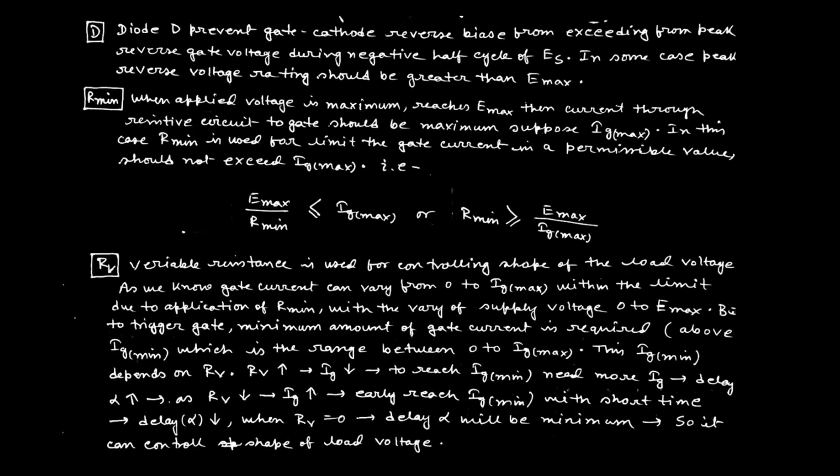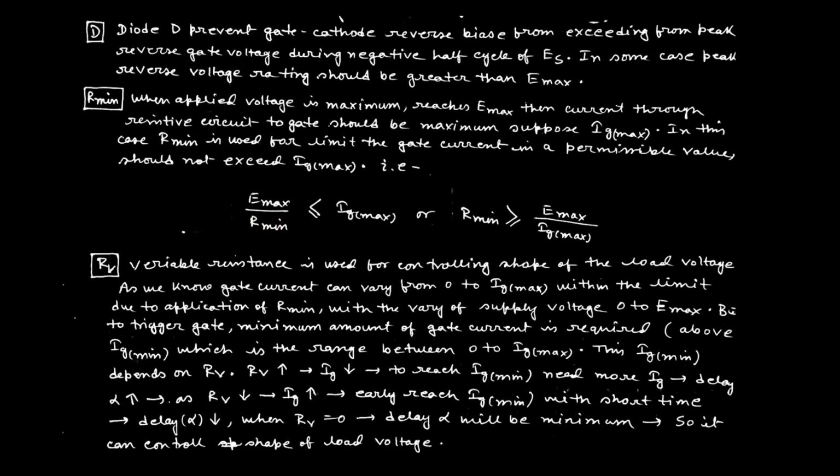That is why, to protect the thyristor from overheating, we normally use Rmin, which prevents excessive current from flowing across the gate. It permits the permissible amount of gate current, gate to cathode, which can be expressed by Emax by Rmin. When the supply voltage reaches the maximum value Emax at 90 degrees, the circuit current is limited by Rmin.